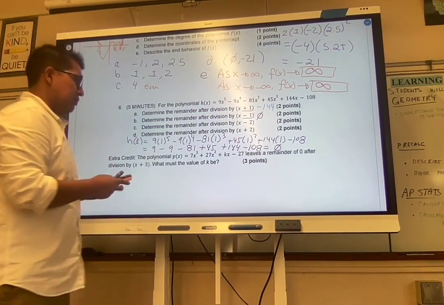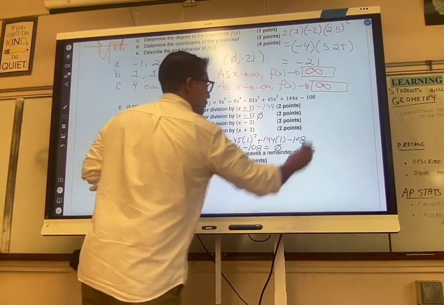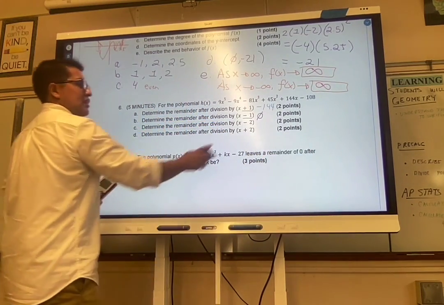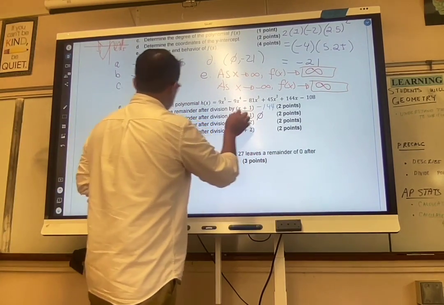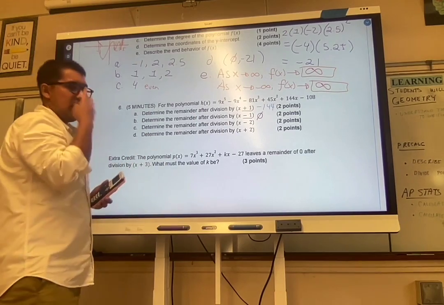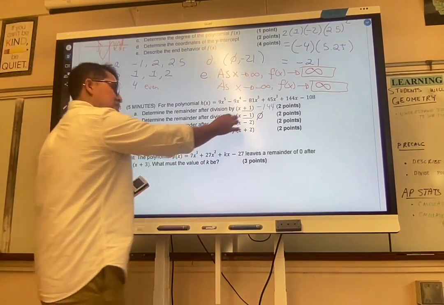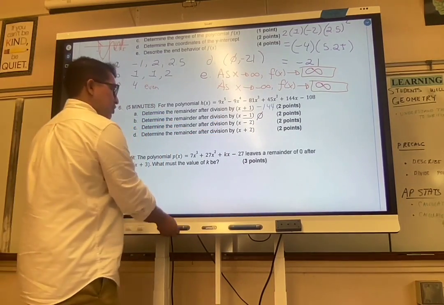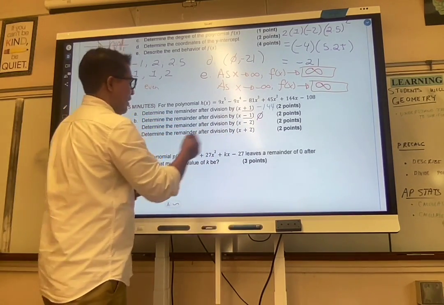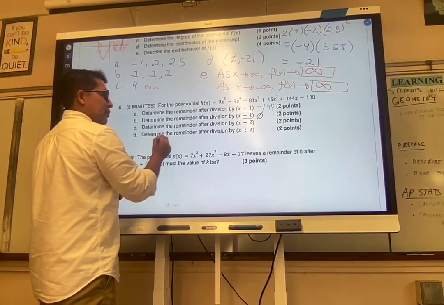Doing the same thing for problems C and D. At this point, if you're on your calculator, like the ones you'll have at your exam, you should just get straight to plugging in the numbers. So I'm just not going to talk. I'm just going to work out the math, and then you can check your work in a bit as well.